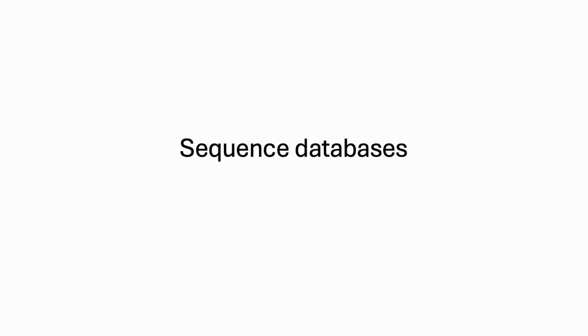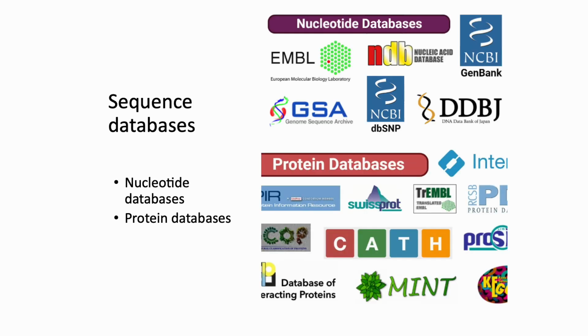First, we will be seeing sequence databases. Under sequence databases, you have broadly nucleotide databases and protein databases. Here are the popular nucleotide databases that we all use on an everyday basis, like EMBL, NCBI, that is GenBank, then DDBJ. All three form a consortium.